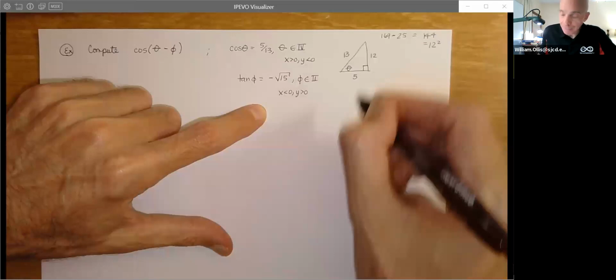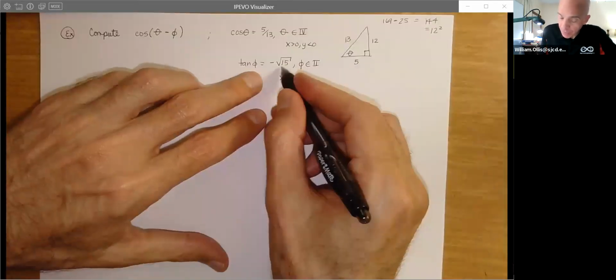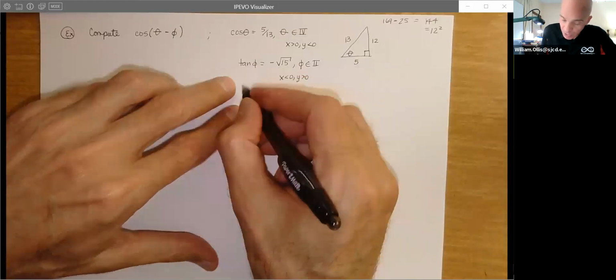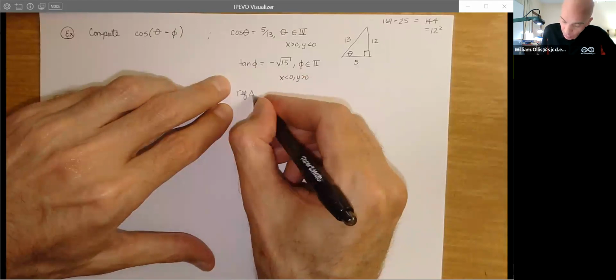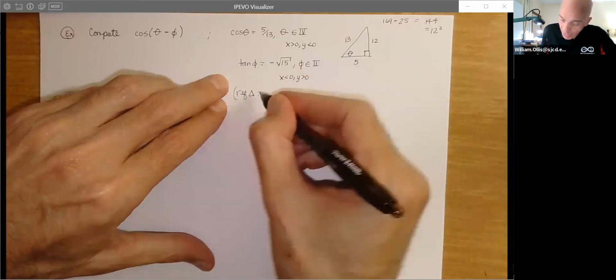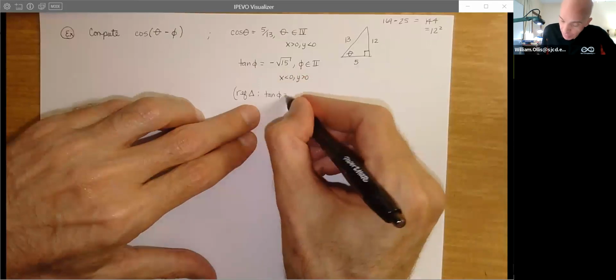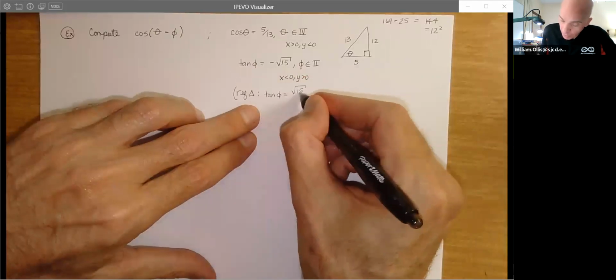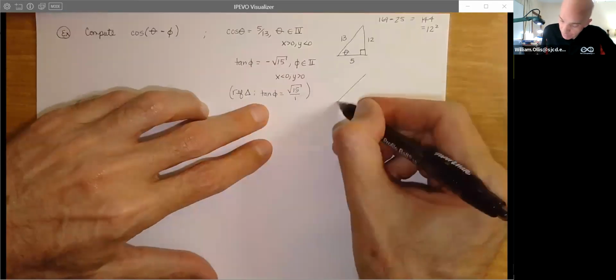So that was easy. Now, here we think of, again, the reference triangle without the sign. We would have tangent of phi would be root 15 over 1, thinking about the reference triangle in the first quadrant. So let's draw it.